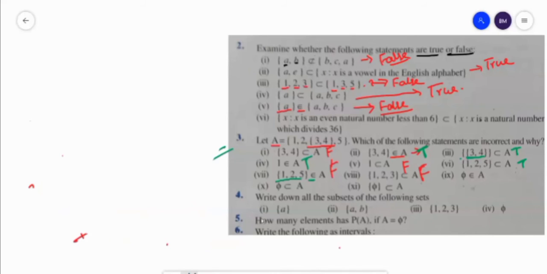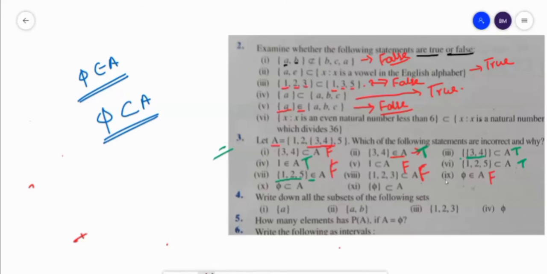The set phi does not belong to A. The statement given says phi belongs to A; actually it should be phi subset of A. We generally write phi as the empty set, and it is a subset of all sets. So this is not an element of A. Therefore this is also false.